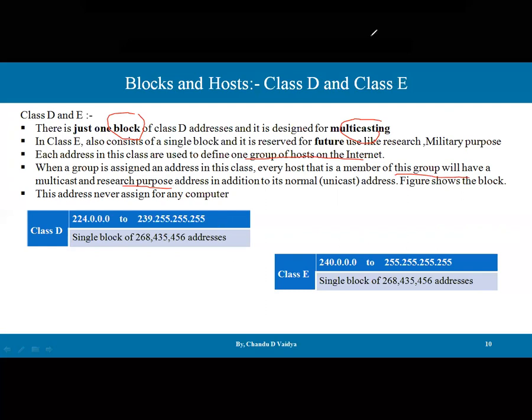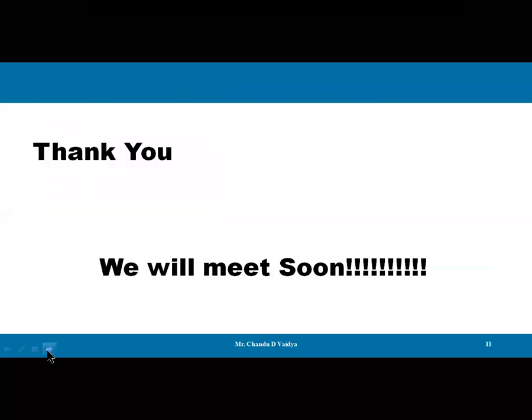So, guys, what we have discussed today in the class is classful addressing. In classful addressing, there are 5 classes of IP address: class A, B, C, D, E. Out of these 5, only 3 classes, A, B, C, are going to be used by users.